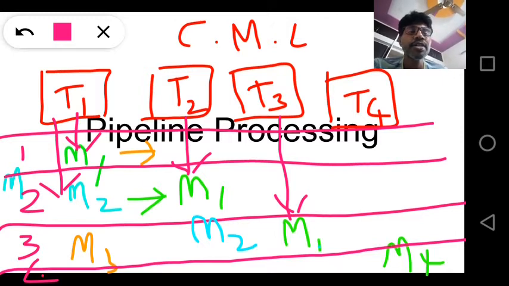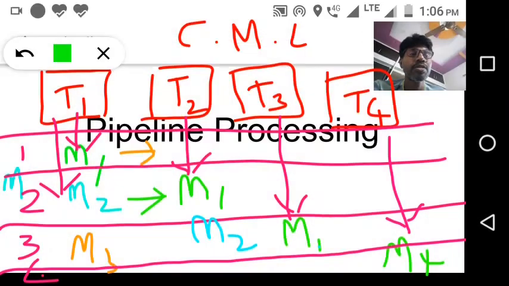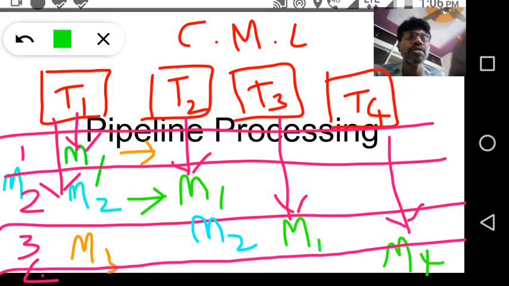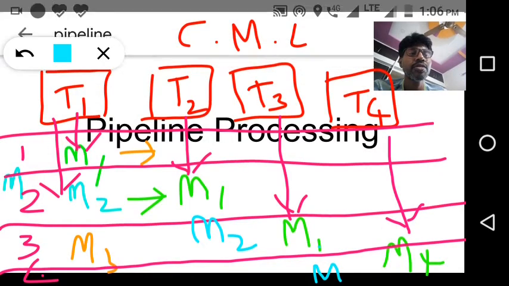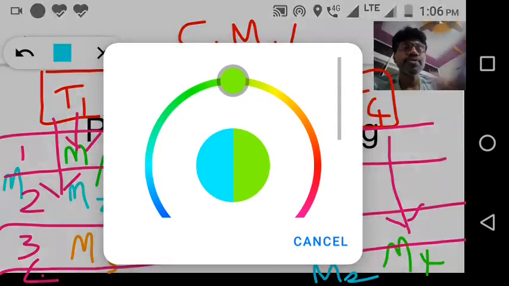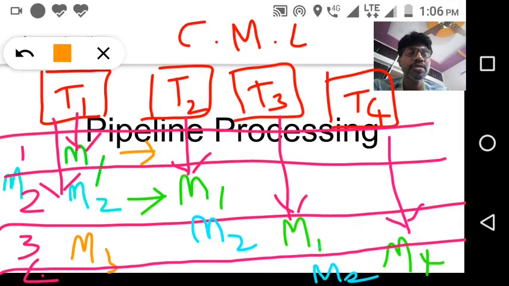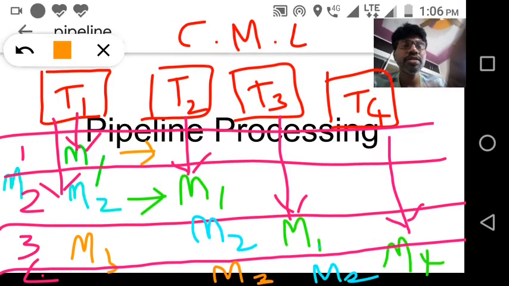Similarly, at the 4th stage, when T1 is doing M4, T3 is doing M2 and T2 is doing M3.